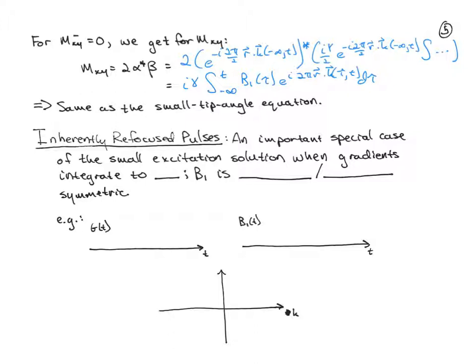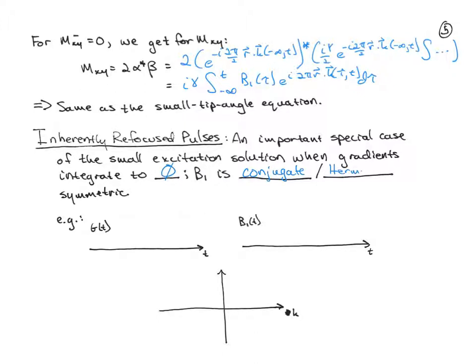Okay, another important special case of the small excitation solution is when the gradients integrate to 0, and then the B1 is furthermore conjugate or Hermitian symmetric.